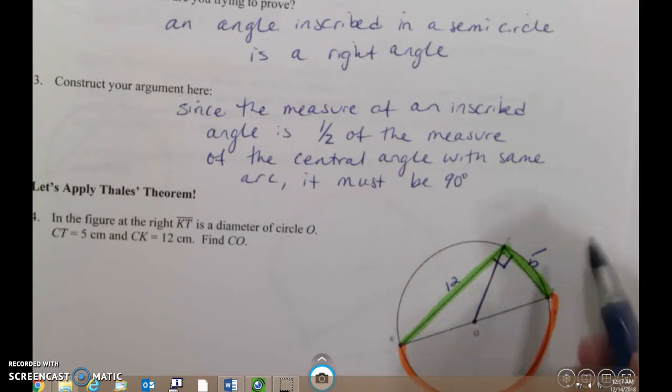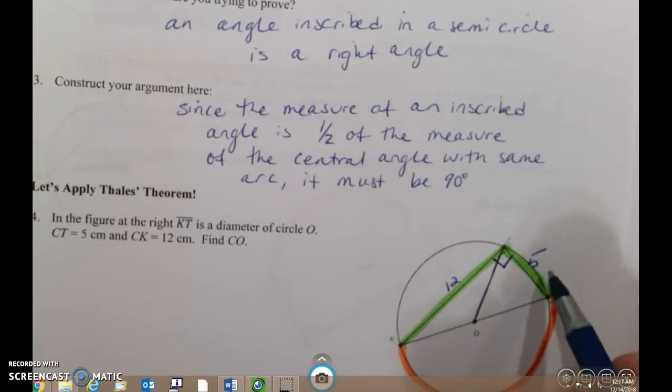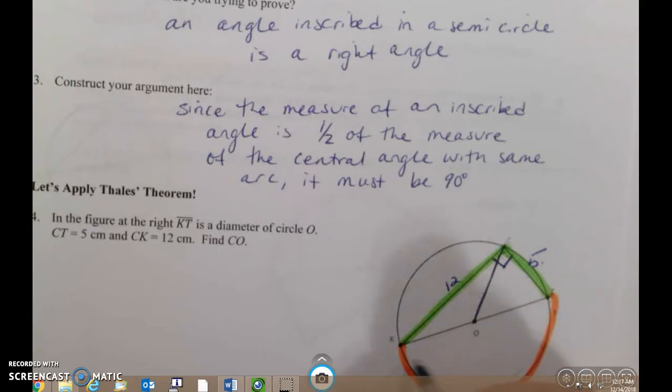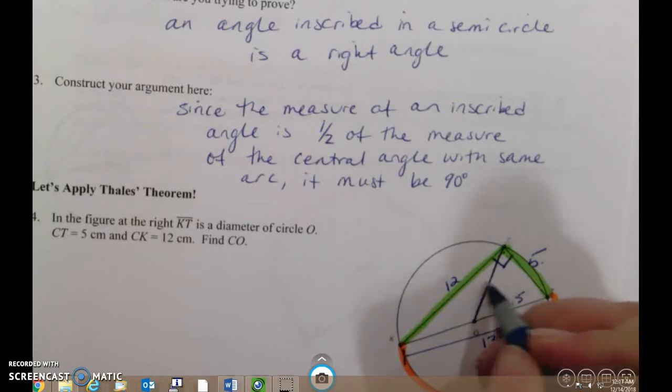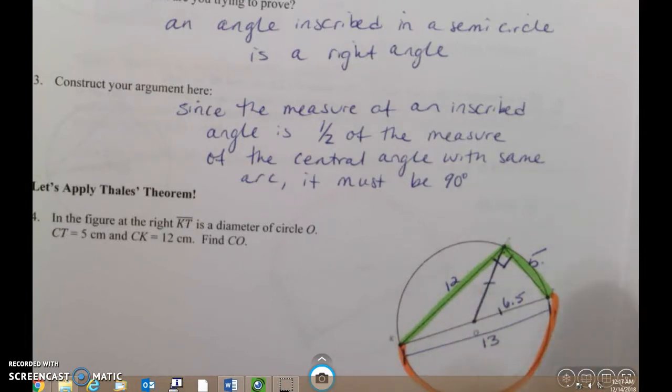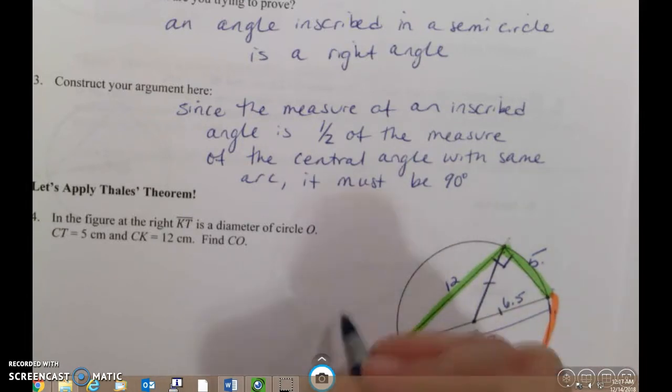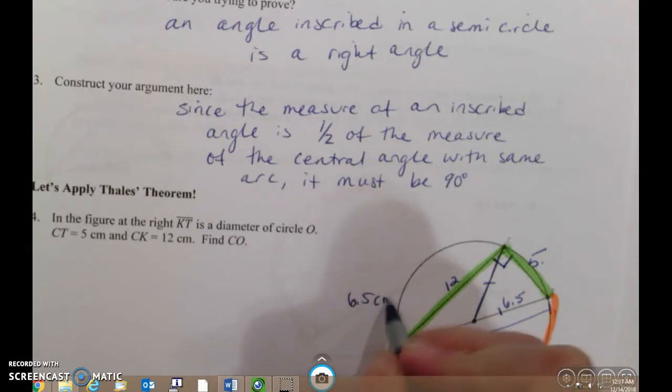And it's not just any right triangle, it's a special right triangle. It's a Pythagorean triple, 5, 12, 13. So that means the diameter of this circle must be 13, which tells me that the radius is 6.5. And since radii of the same circle are always congruent, the solution I'm looking for is 6.5 centimeters.